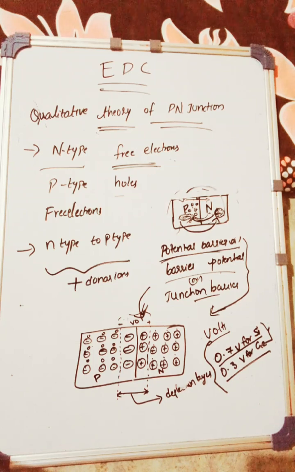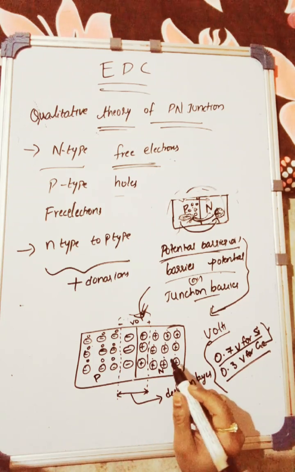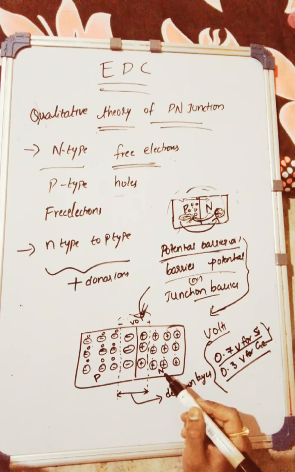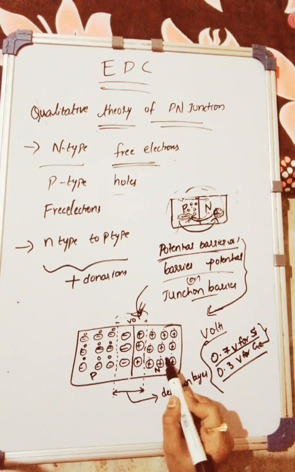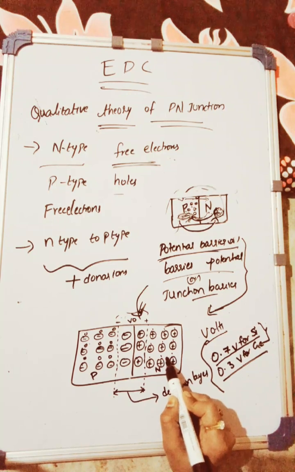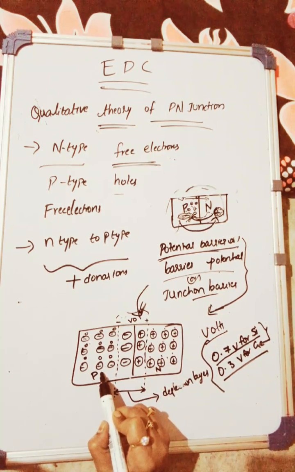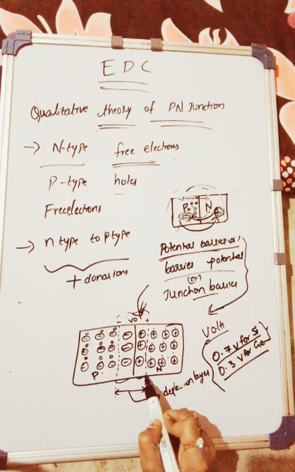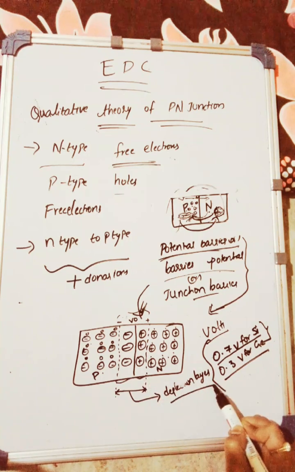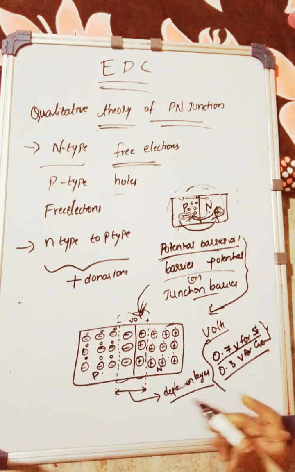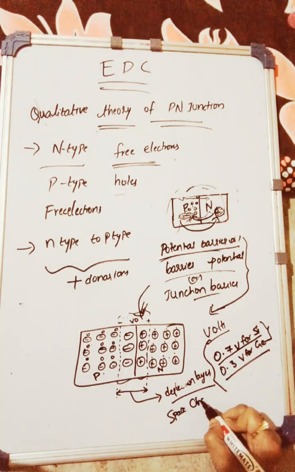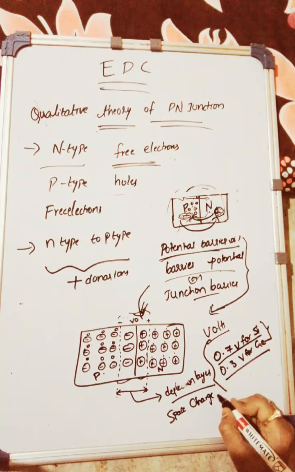Now the thickness of this region. Inside the potential barrier there is a positive charge on the n side, and similarly at the p side there is a negative charge. This region is called a depletion region, depletion layer, or space charge region.